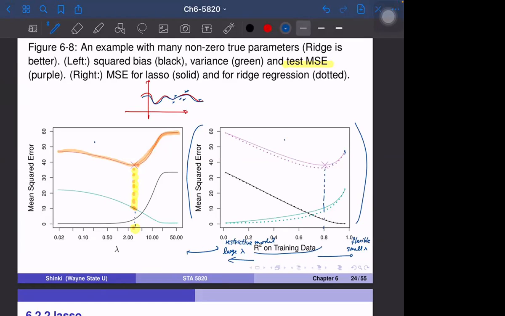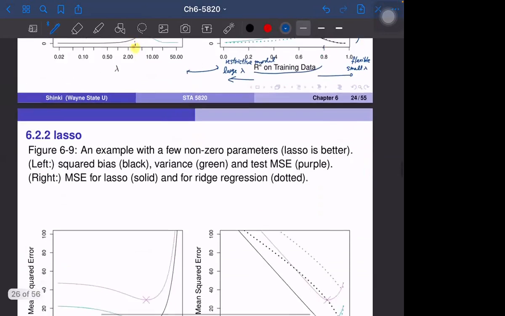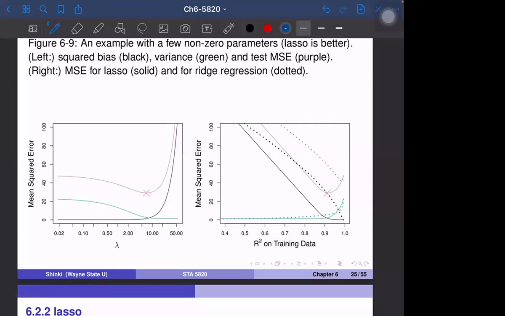That means that we have the true non-zero parameters. For another data set, the situation is different. We still have the optimal lambda, but in terms of Lasso and ridge regression, this dotted line is ridge, and the solid line is Lasso.